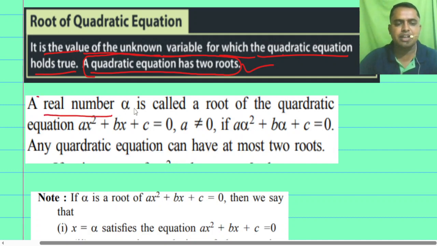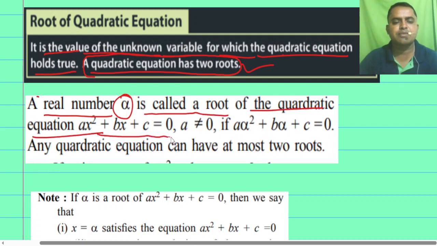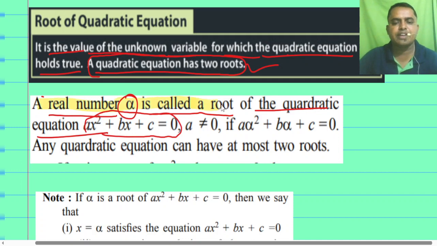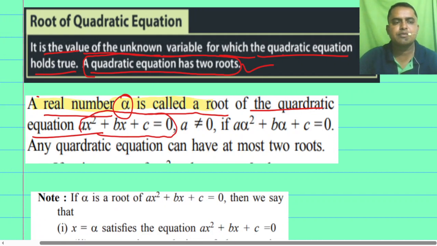A real number alpha is called a root of the quadratic equation ax square plus bx plus c is equal to 0, and a is not equal to 0, if a alpha square plus b alpha plus c is equal to 0.